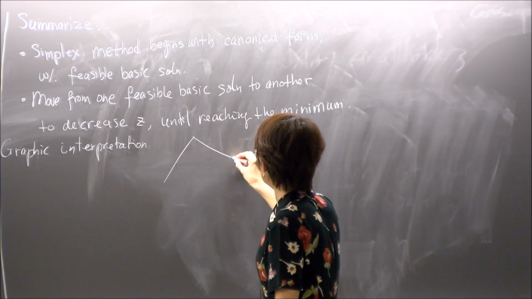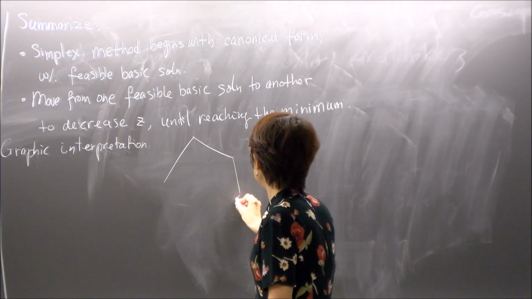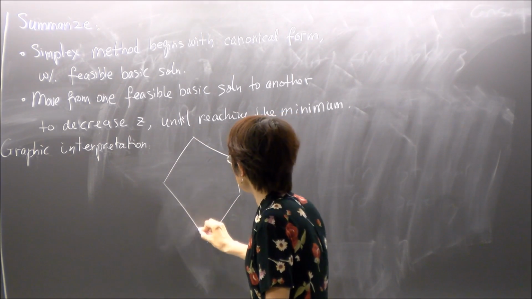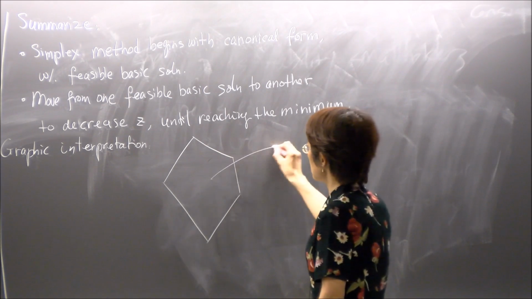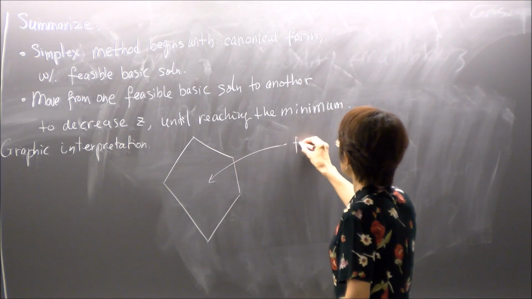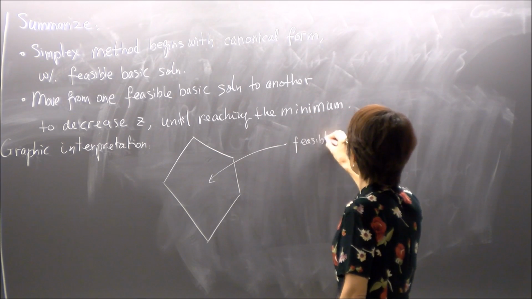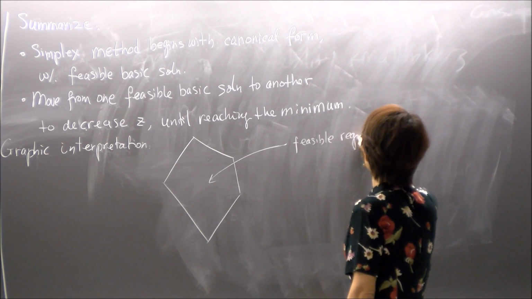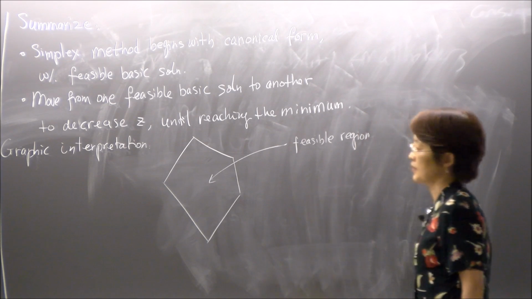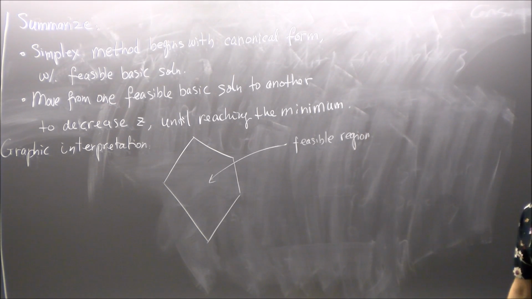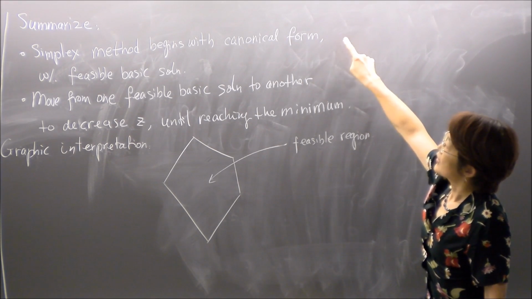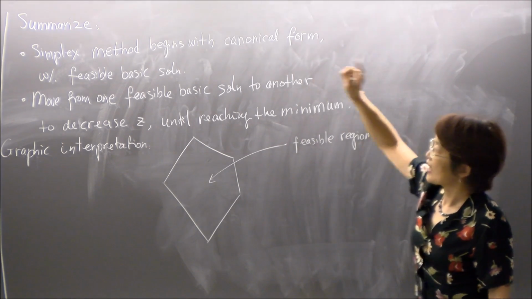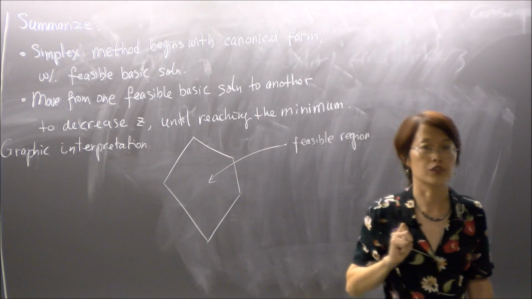Let me generically draw a region to say that's my feasible region. Don't make it too complicated. Let's say that's my feasible region, so this thing inside here is the feasible region. It's just a graphic way of seeing what's happening here. Now for the simplex algorithm, I have to find a feasible basic solution.